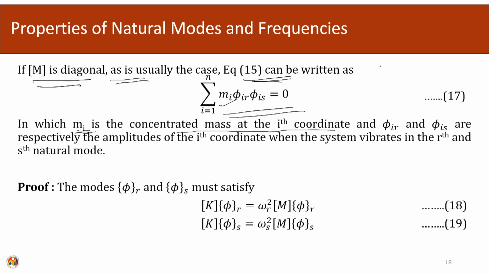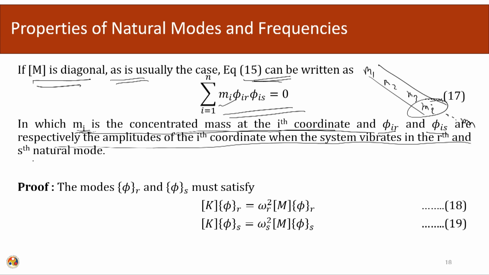It means that this is M1, M2, M3, this is Mi till Mn. So, we are taking Mi, where Mi is the concentrated mass at the ith coordinate, and phi ir and phi is are respectively the amplitudes of the ith coordinate, where the system vibrates in the rth and sth natural mode.